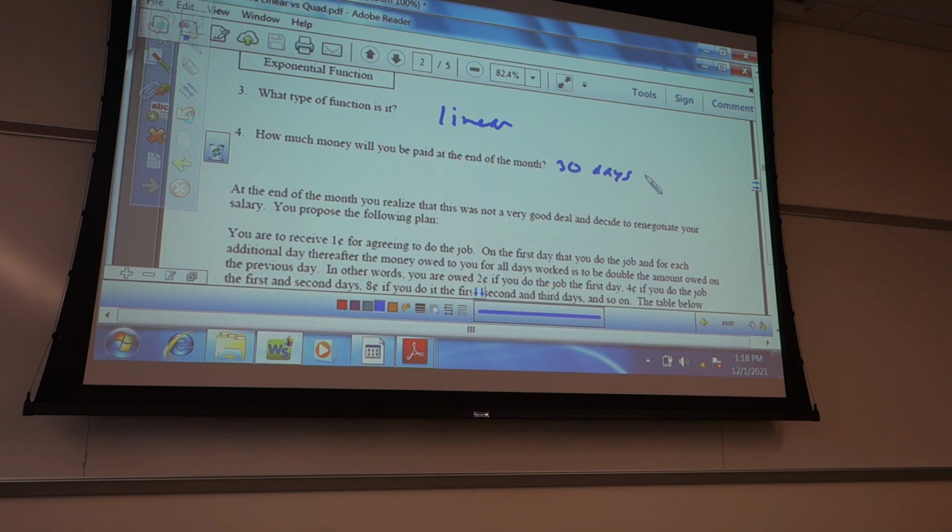Check with your neighbor. Ryan, David, check with your neighbors. So it's 1 plus 0.10 times whatever your number of days is.